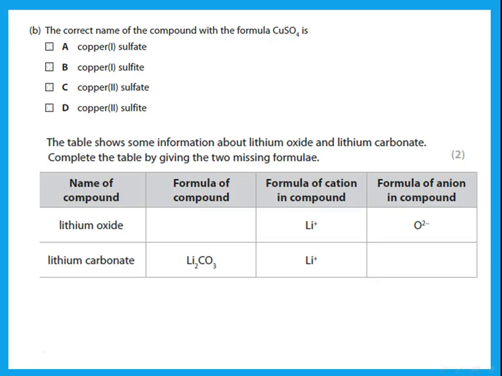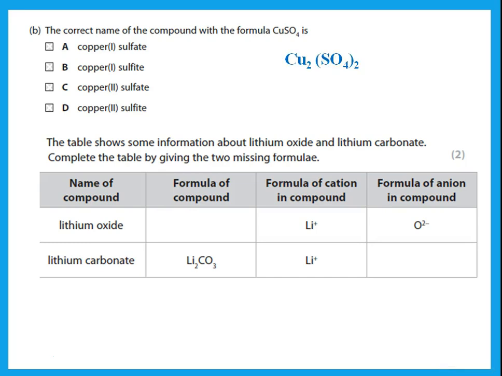Okay, let's try this. The correct name of the compound with the formula CuSO4 is, first of all, is it sulfate or sulfite? We said, what is SO4? SO4 is sulfate. So your answer is either A or C. So it's either copper 1 or copper 2. So that means that the copper has either a valency of 1 or a valency of 2. Now you notice that there is no number below the Cu, there is no number below the SO4.